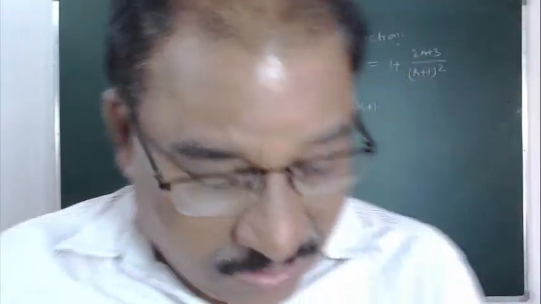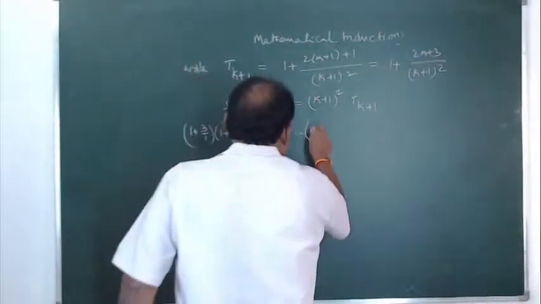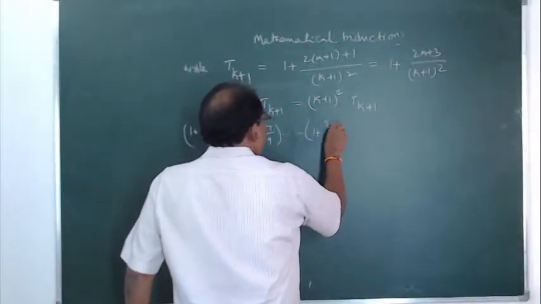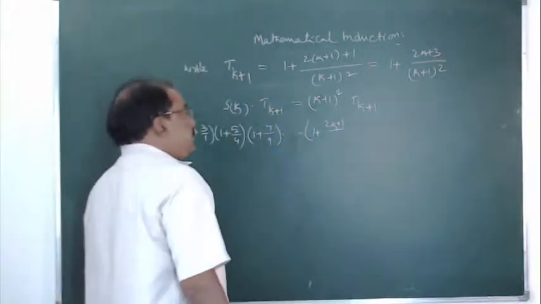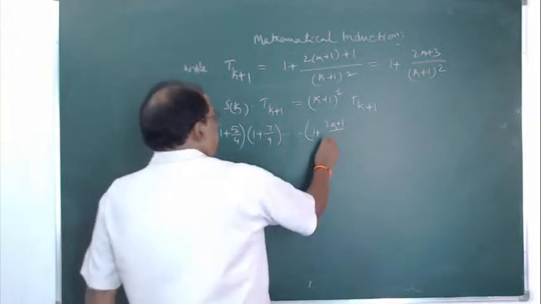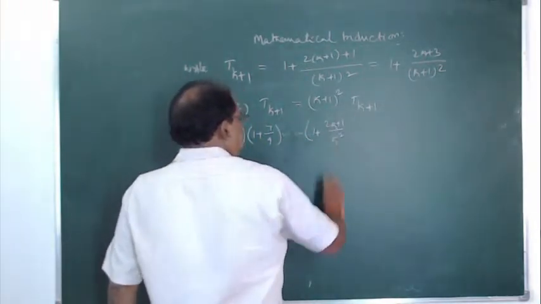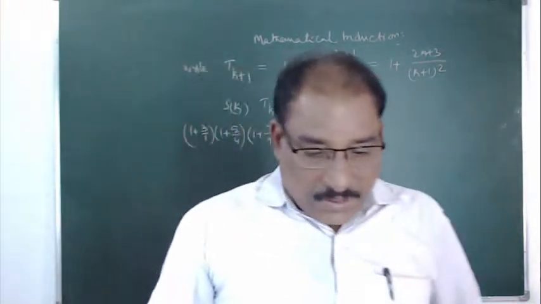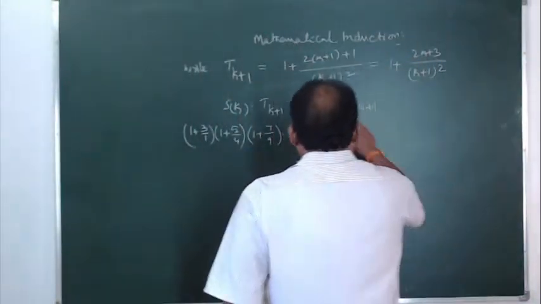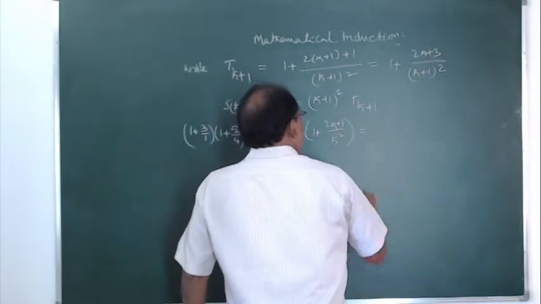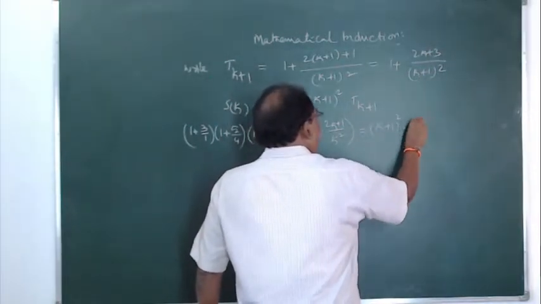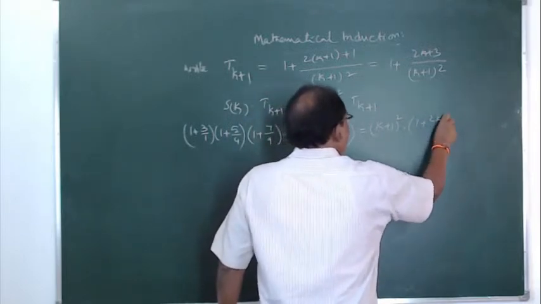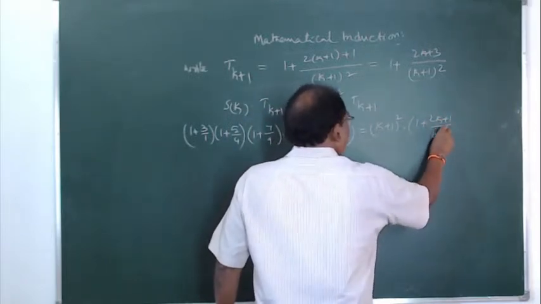The kth term is 1 plus 2k plus 1 by k square. So k plus 1 whole square into again 1 plus 2k plus 1.